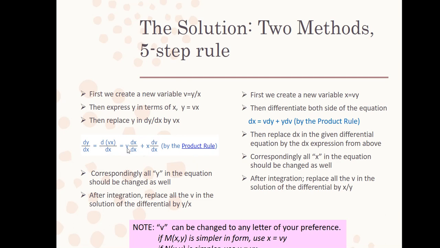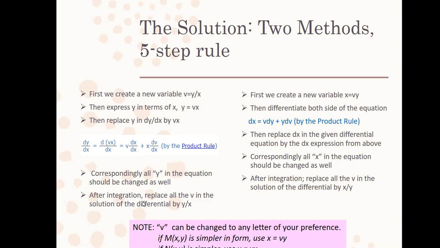It says, the first term times the derivative of the second plus the second term times the derivative of the first, all of which would be in terms of the independent variable x. So the derivative will have to be changed to this particular expression, aside from changing all the variables in the equation by vx. Correspondingly, all y in the equation should be changed as well.